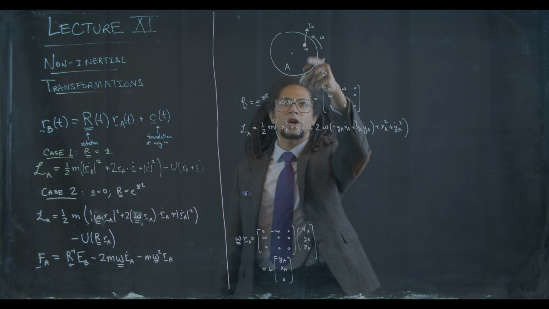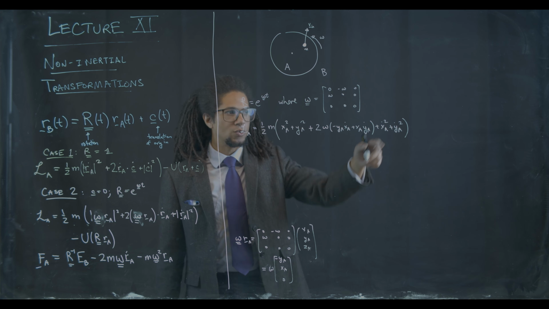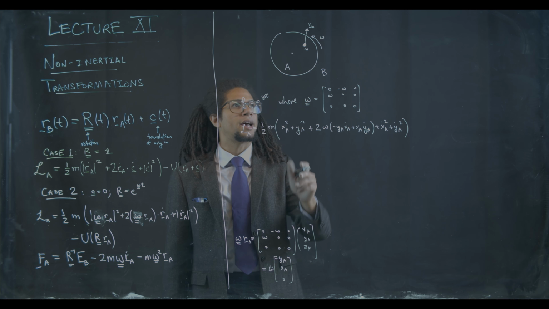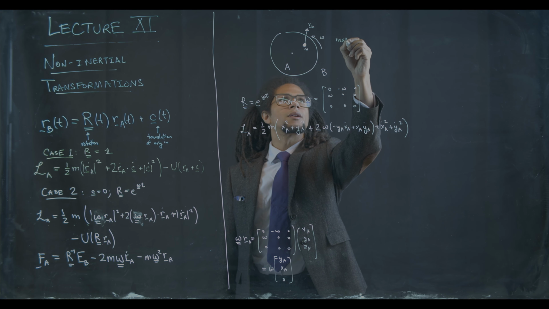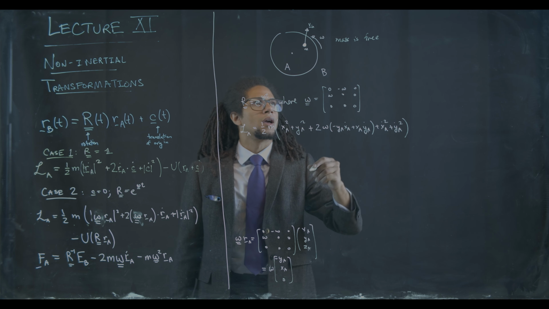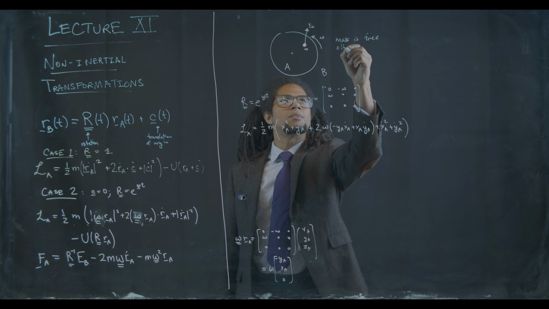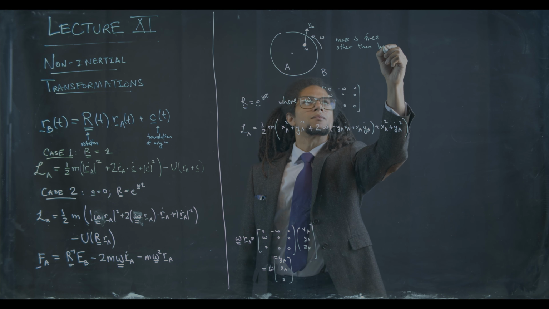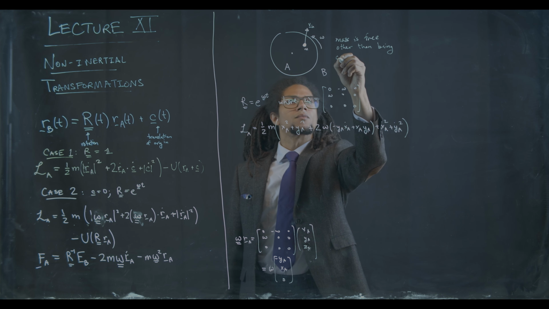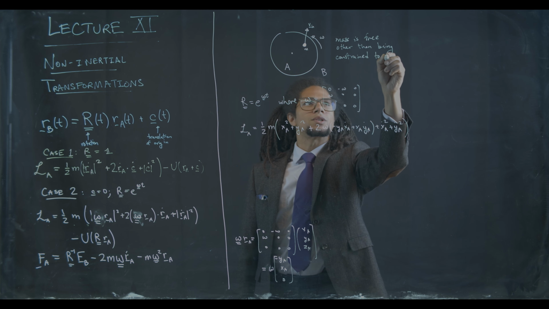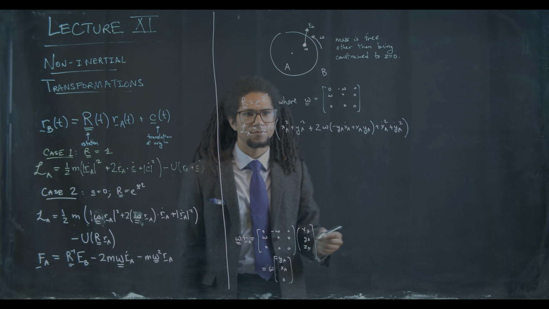Notice that because we're constrained to move in the z equals 0 direction, we don't need the Z_A dot squared there at all. And then I said that this mass was free, other than being constrained to z equals 0. Great.